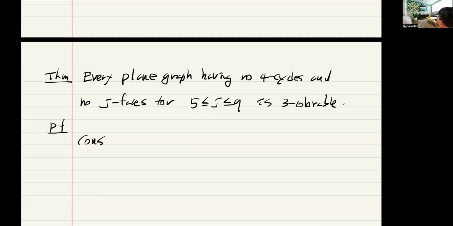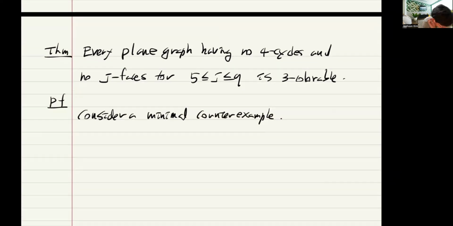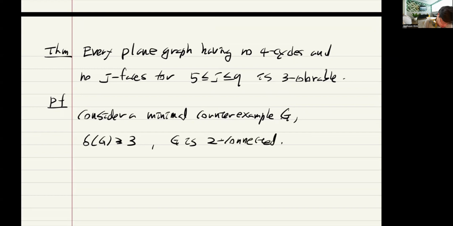So we again consider a counterexample, a minimal counterexample. Then this G must have minimum degree at least 3, and G is 2-edge-connected, 2-connected. It's easy to check.